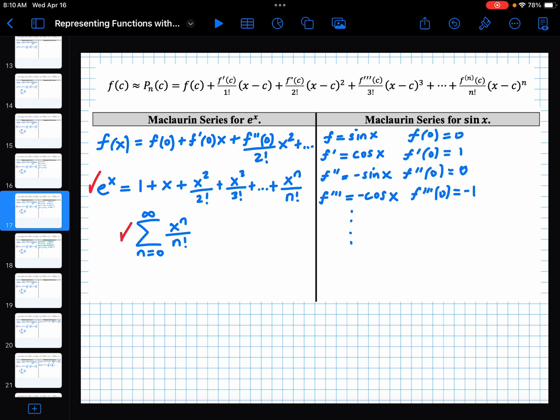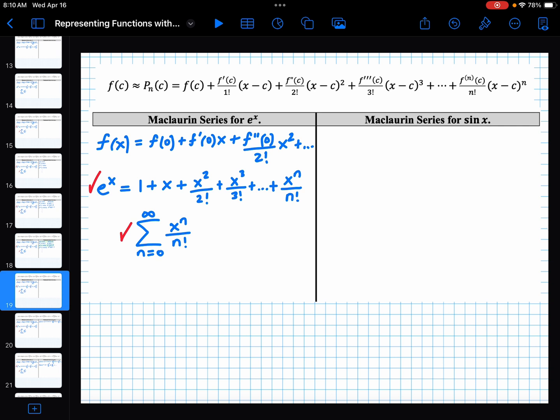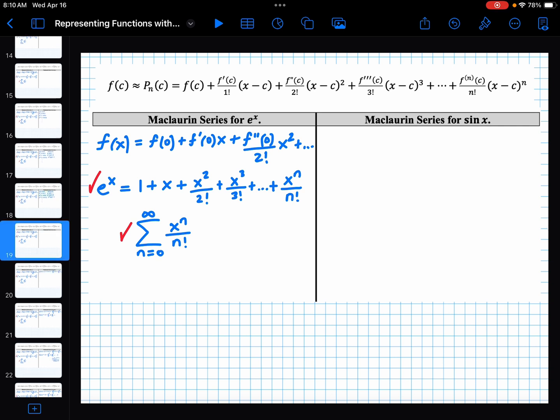Sine itself and all of the even numbered derivatives become equal to 0, which means that any term that has a sine in it is going to go to 0 as well. So when I represent sine of x as a Maclaurin series and write out my terms here, all of the even numbered derivatives and f are going to have a 0 in them.